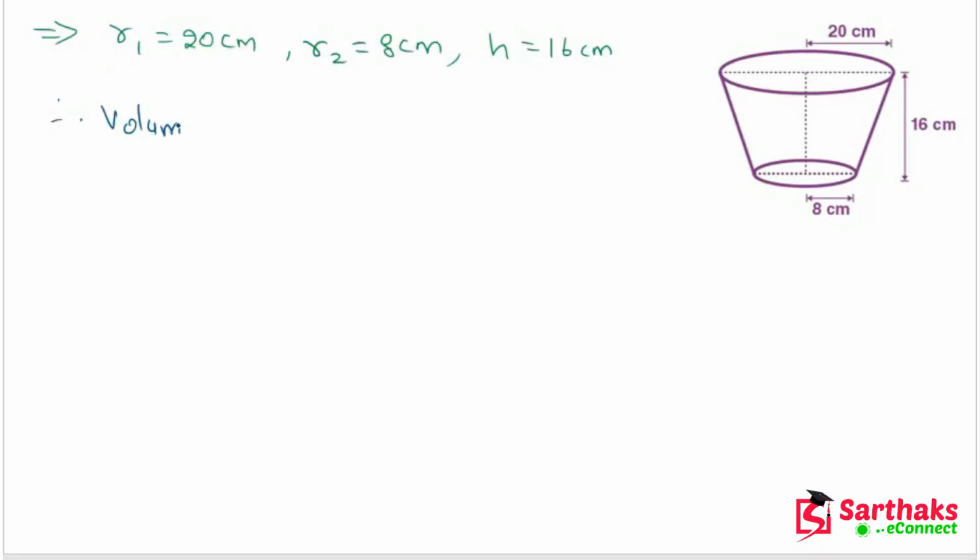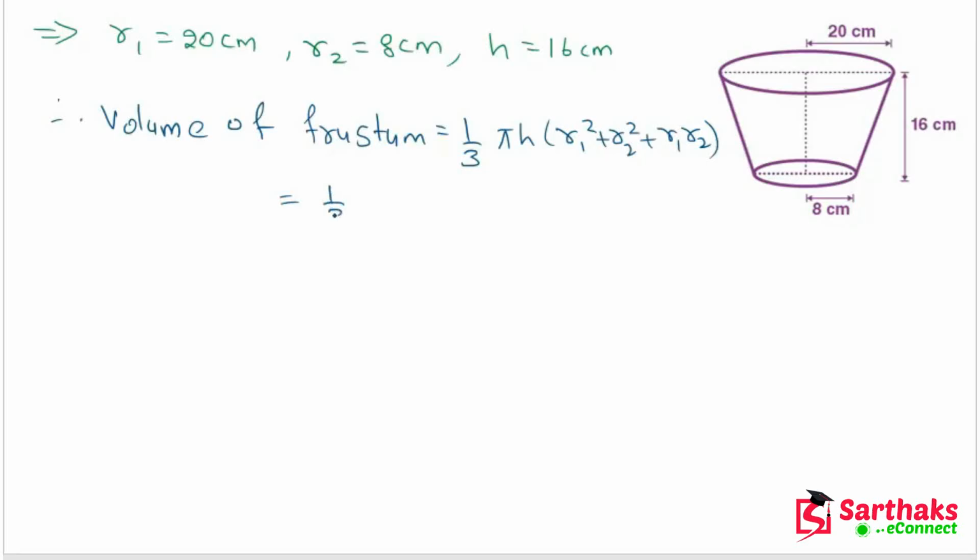Now, the volume of frustum is 1 upon 3 pi h into R1 square plus R2 square plus R1 R2. We know that.